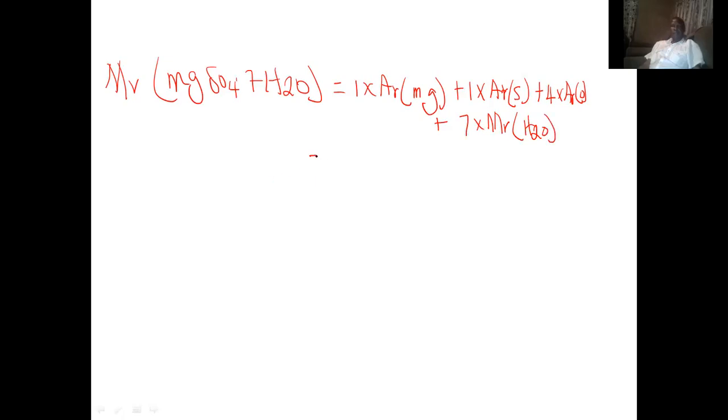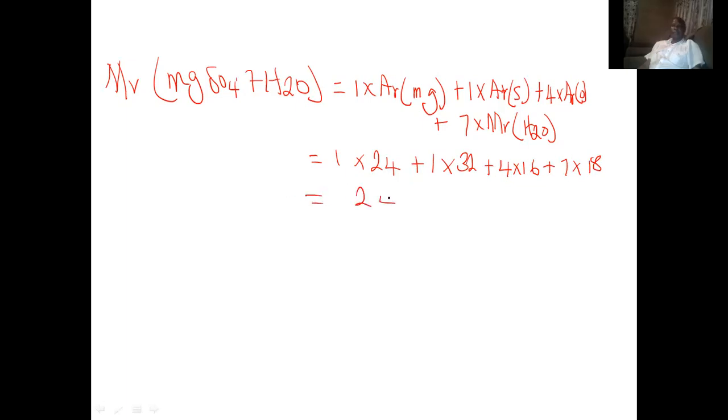So we can say it's 1 multiplied by the relative atomic mass for magnesium, which is 24, plus 1 relative atomic mass for sulfur, which is 32, plus 4 multiplied by 16, relative atomic mass for oxygen, plus 7 multiplied by 18, the relative molecular mass for water.